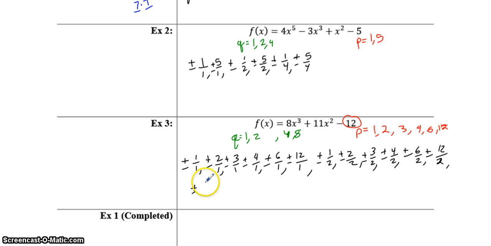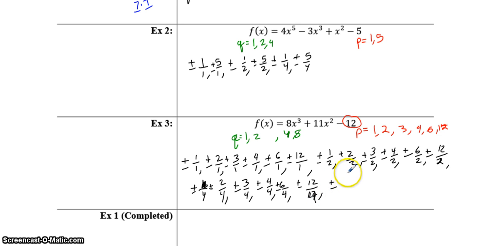So plus or minus 1 over 4, 2 over 4, another duplicate, another duplicate, over 4.